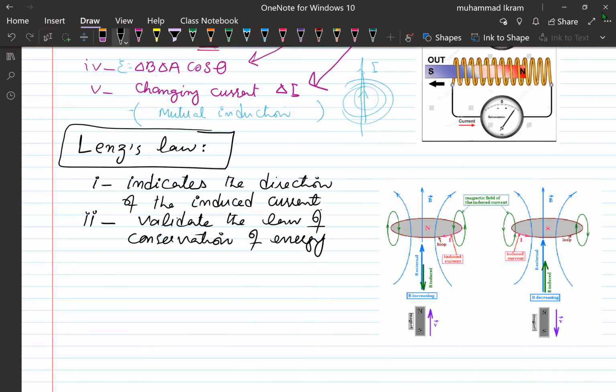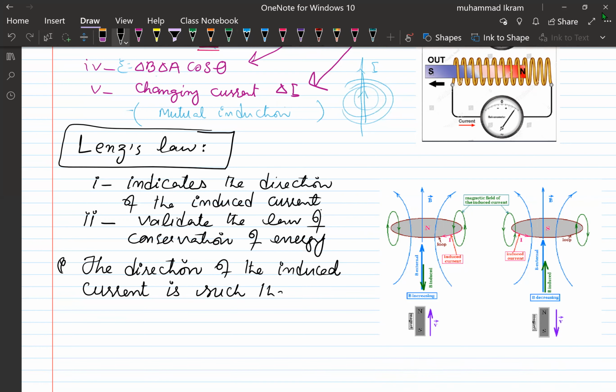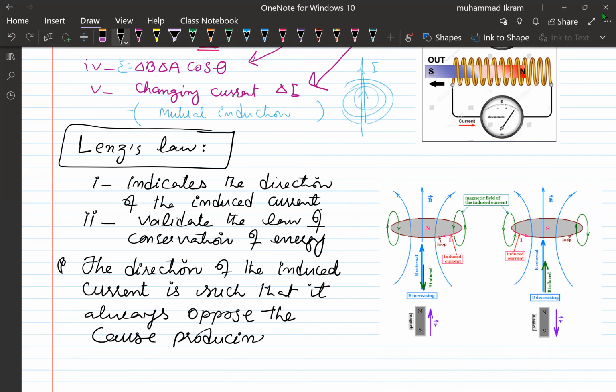According to the first part of Lenz's law, this law states that the direction of the induced current is such that it always opposes the cause reducing it.